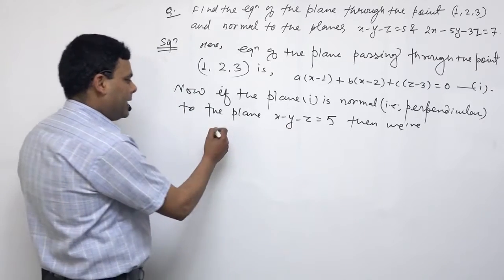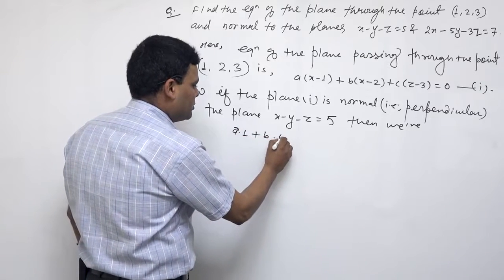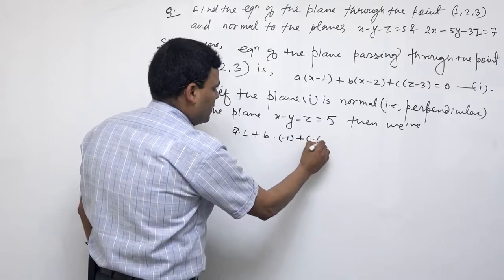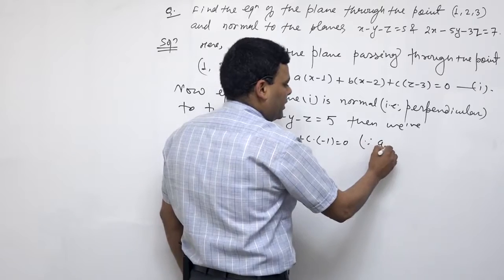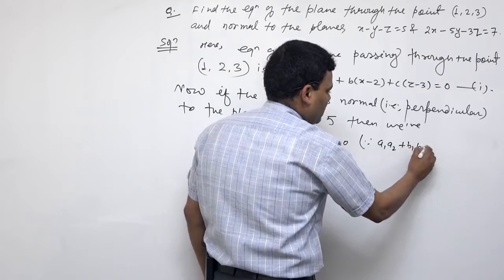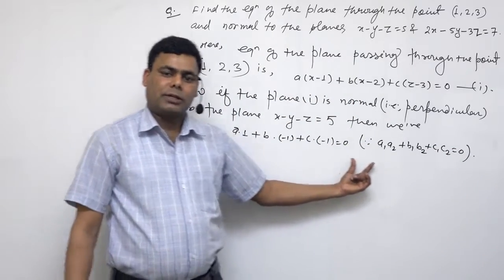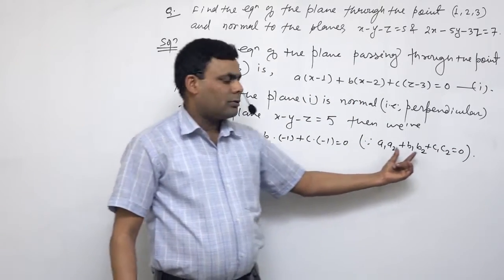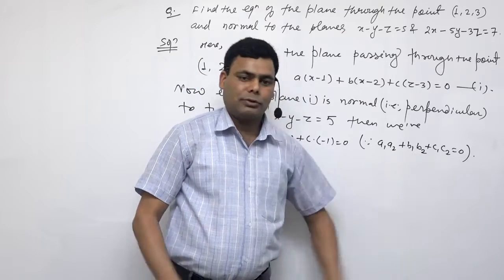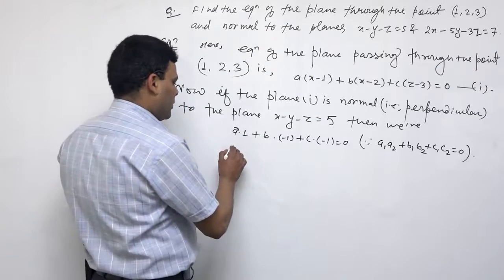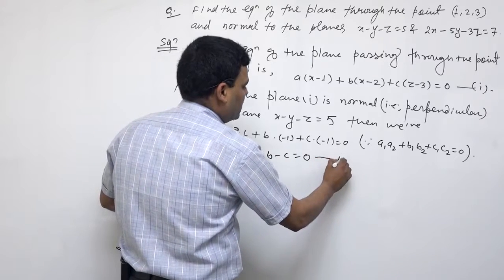Then we have a into 1 plus b into minus 1 plus c into minus 1 equals 0. This is by the formula a1 a2 plus b1 b2 plus c1 c2 equals 0. Therefore a minus b minus c equals 0. Let it be equation 2.